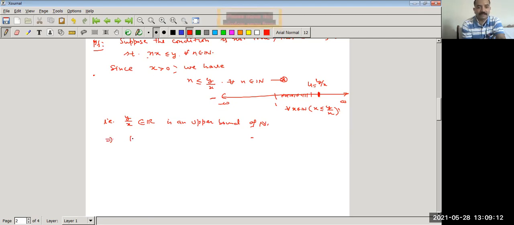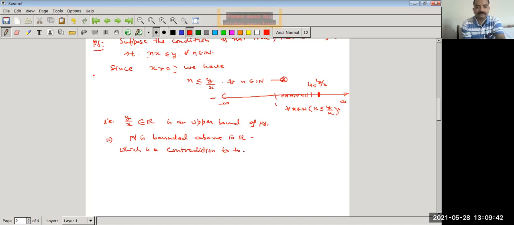This implies that N is bounded above in R, which is a contradiction. Contradiction to what?